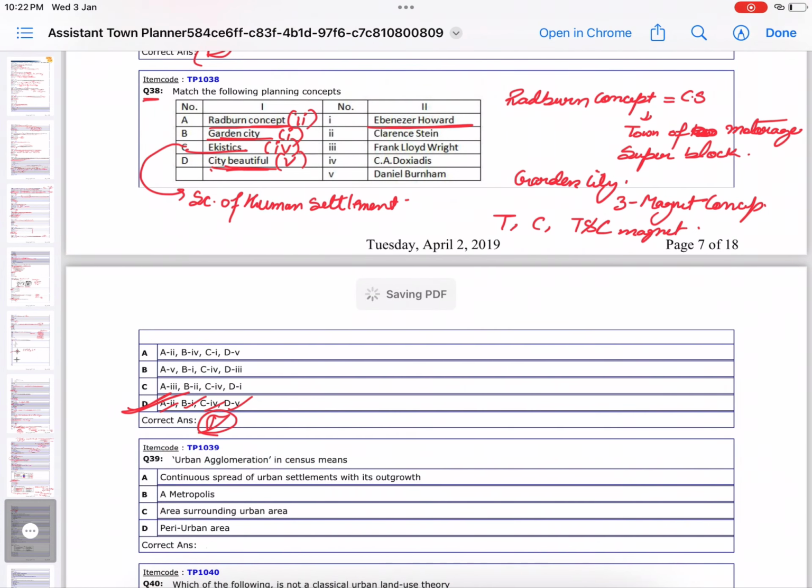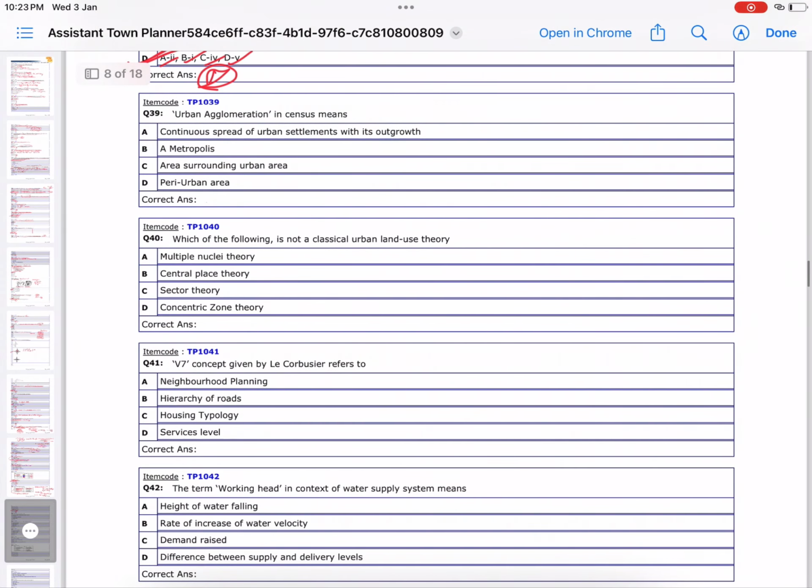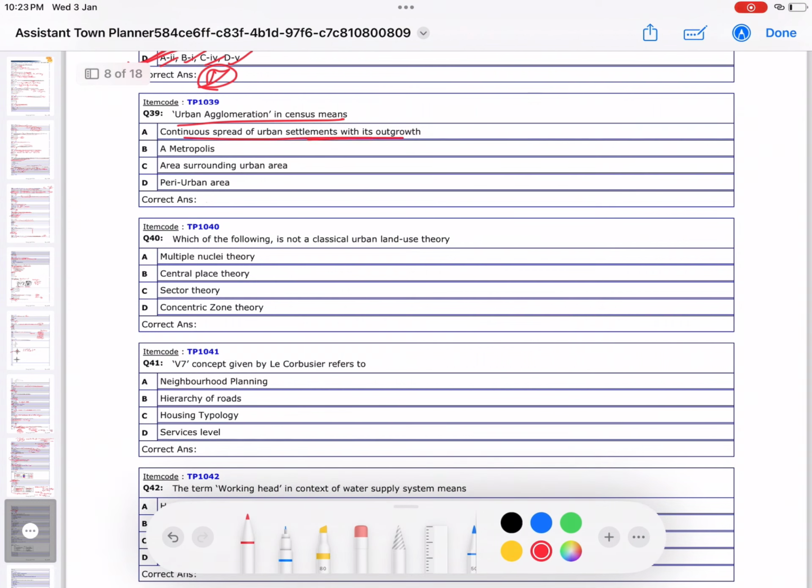Question number 39. Urban agglomeration in census means a continuous spread of urban settlement with its growth. Question number 40. Which of the following is not a classical urban land use theory? Concentric zone theory is given by Burgess.